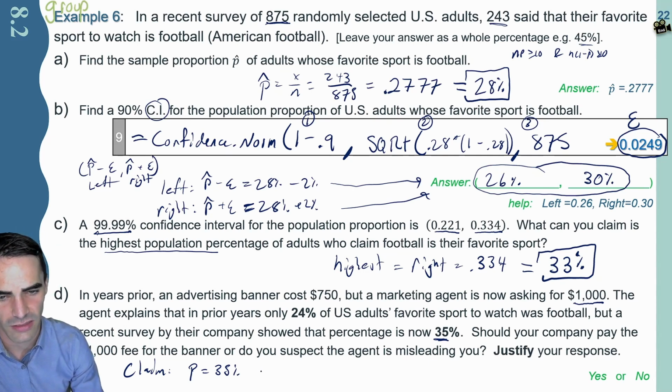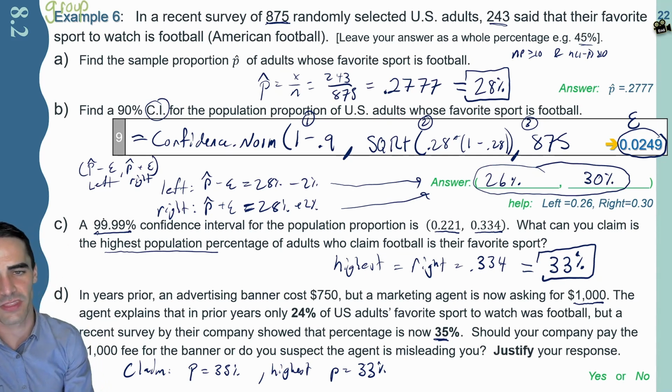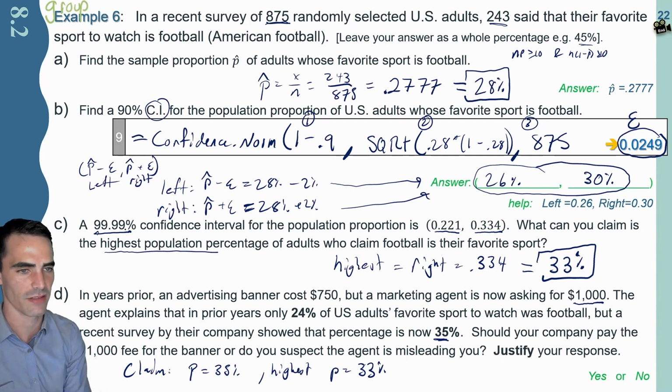In fact, it looks like this number is a little bit off, because the highest we can imagine that proportion being, well, that's what we did in part C, is 33%. Not only do I think the highest it could be is 33%, I can say that with a lot of confidence. In fact, I can say that with 99.99% confidence.